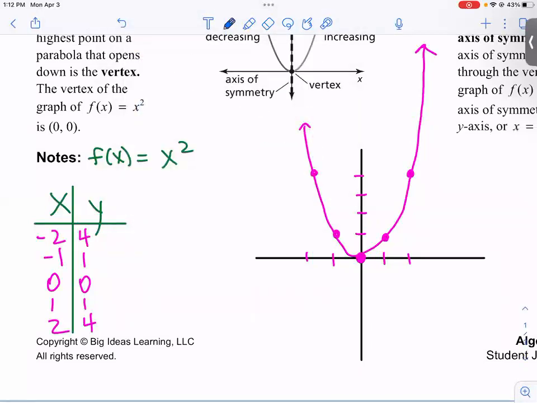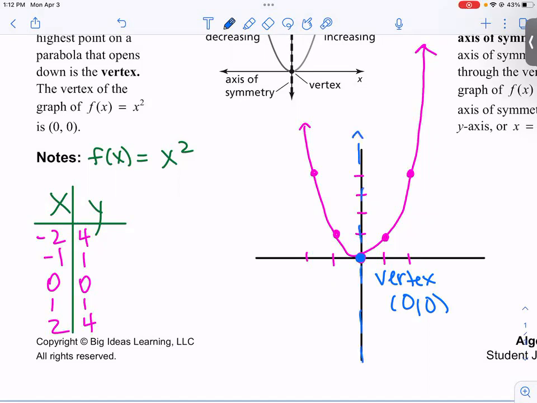Preston, where is our vertex? 0, 0. Our vertex is at 0, 0. Where's our axis of symmetry? The y-axis.